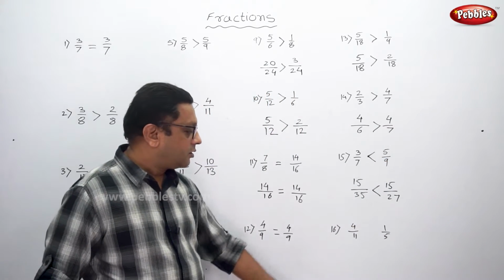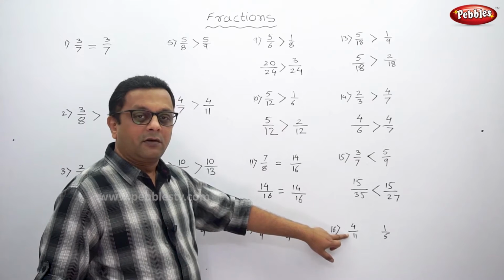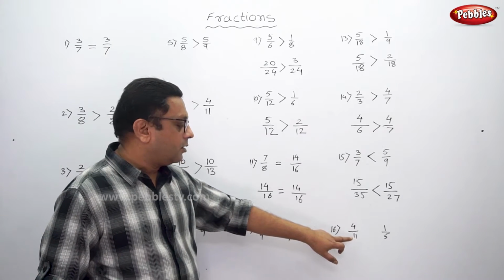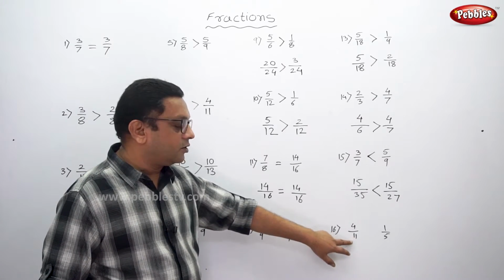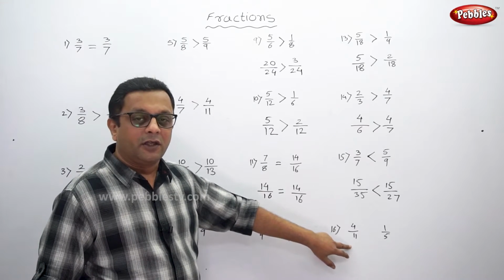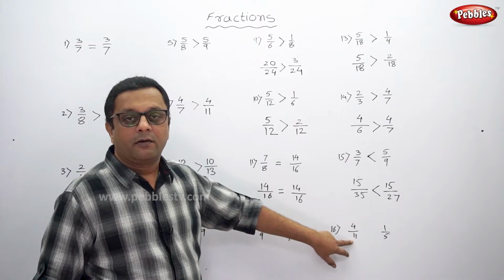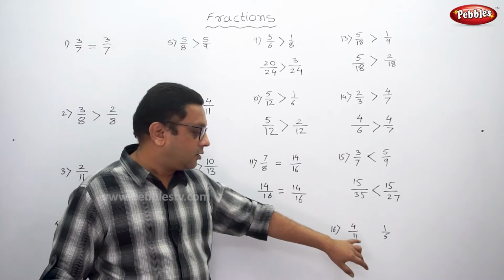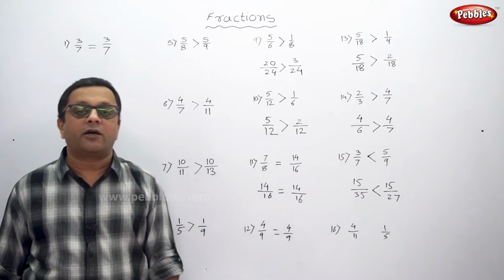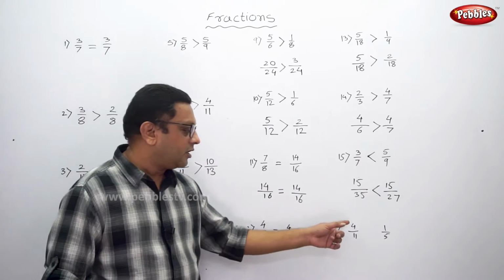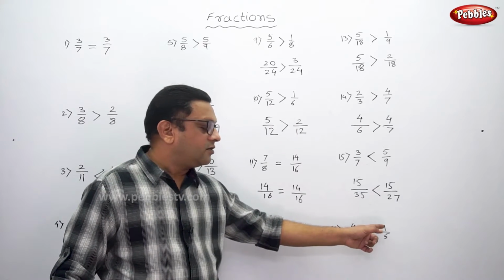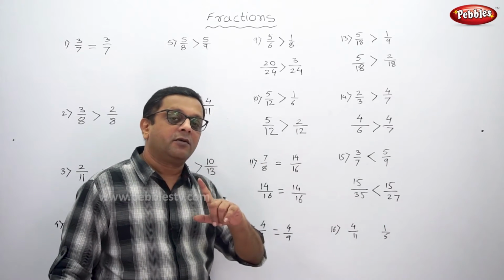And the last one is this. Now here if you want to make the denominator the same, then you have to multiply by 5, because 55 is a multiple of both the numbers. But making this 4 is very simple.